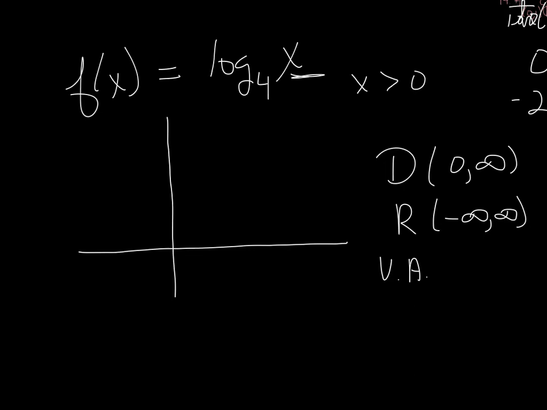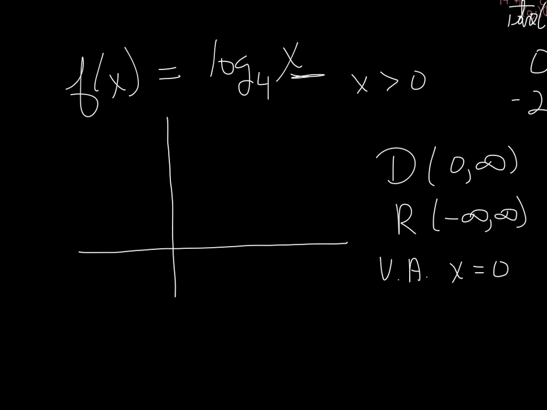Look at the domain and see if that gives you a clue. At x equals 0, because a vertical asymptote is kind of like a boundary for the graph.